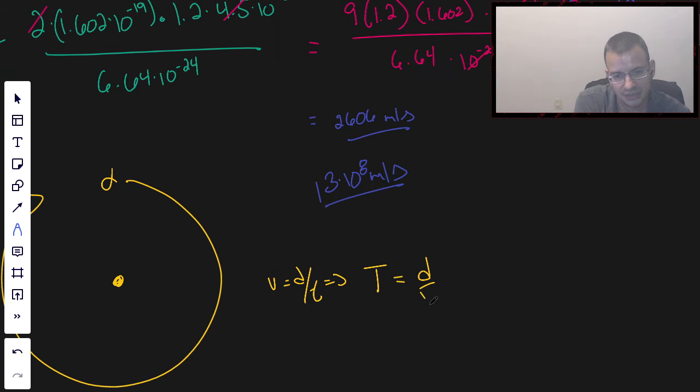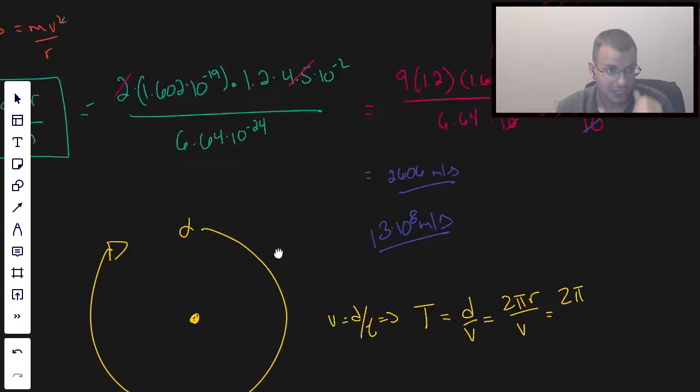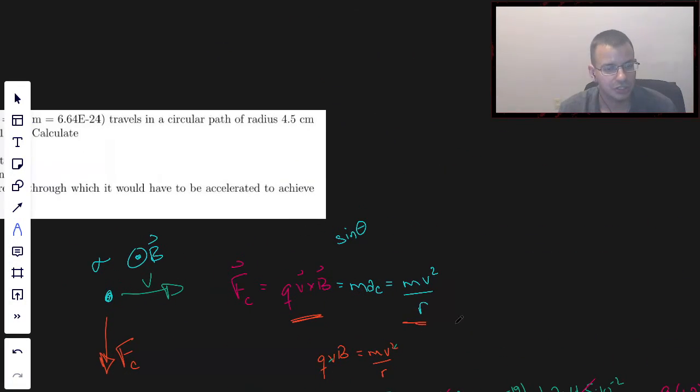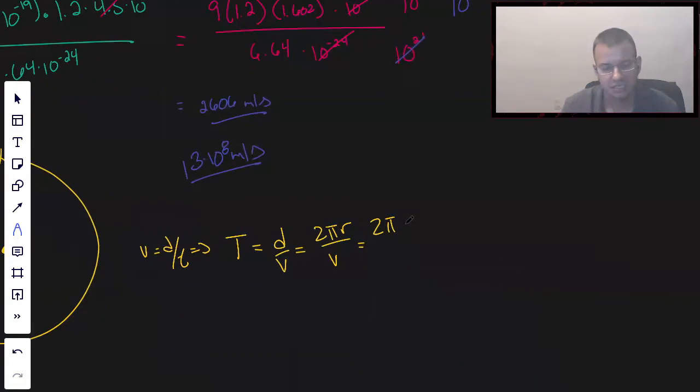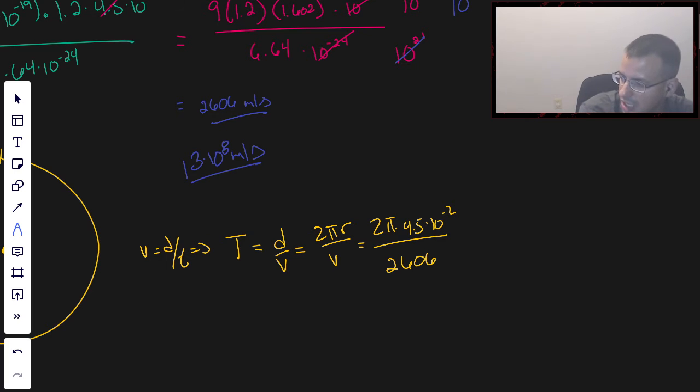It's going to be distance divided by velocity, which is 2 pi r, which is the circumference of a circle, over velocity, which I'm going to call v. The radius is, I know I should know this, 4.5 times 10 to the negative second, all over 2606. And if I was a better person, I'd do some simplifying and do this in my head. I am not that good of a person.